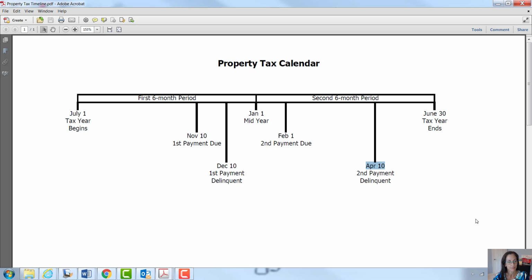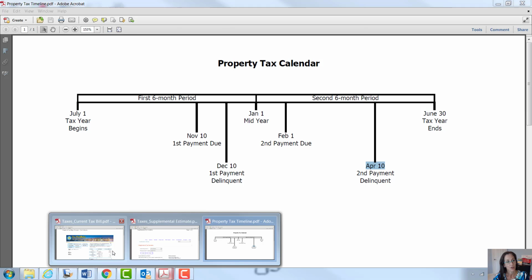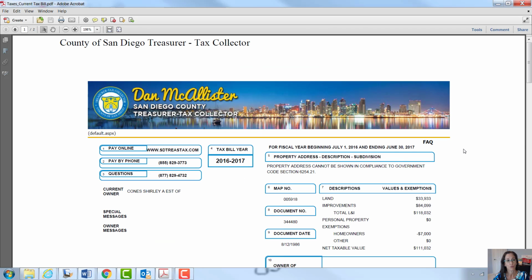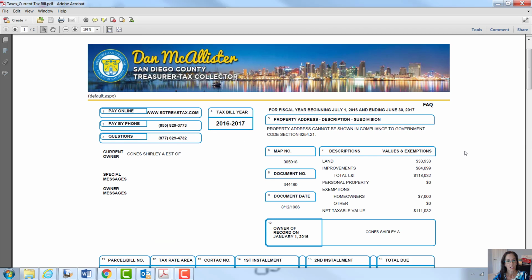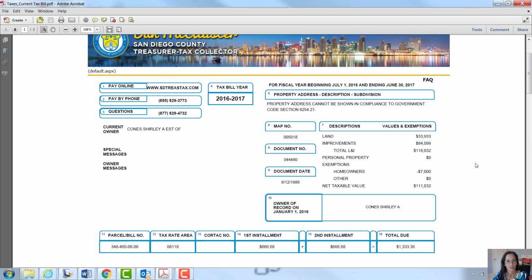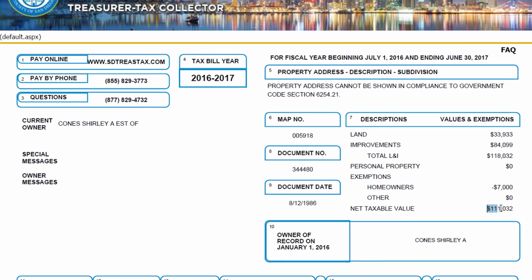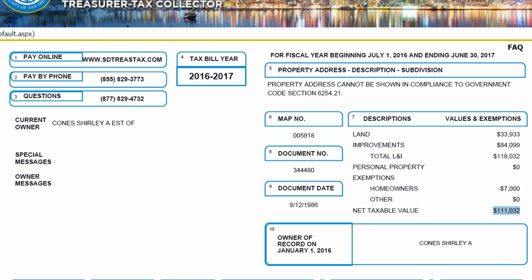I'm going to bring up a sample tax bill and then show you what a supplemental bill looks like. So this homeowner has owned it for a really long time. So your taxes are always based on a net taxable value, and they arbitrarily determine what's the difference between the land and the improvements up here up top.